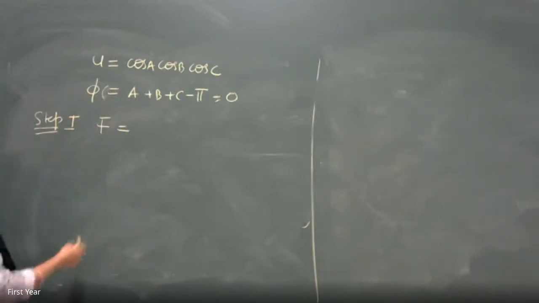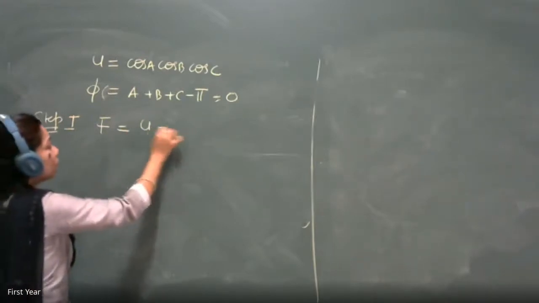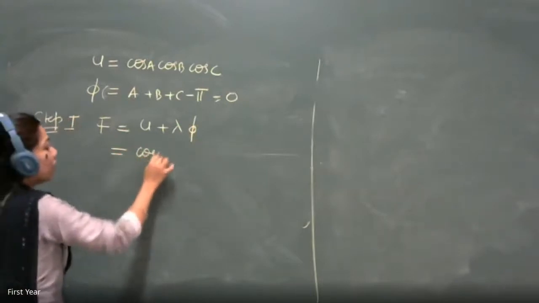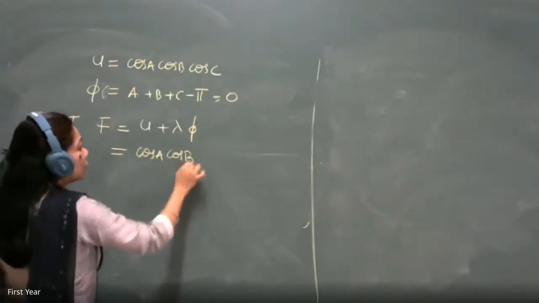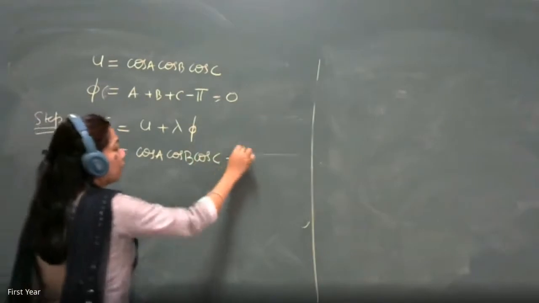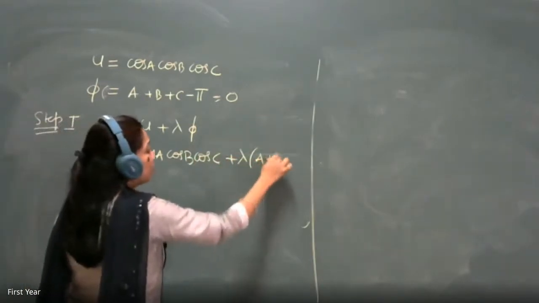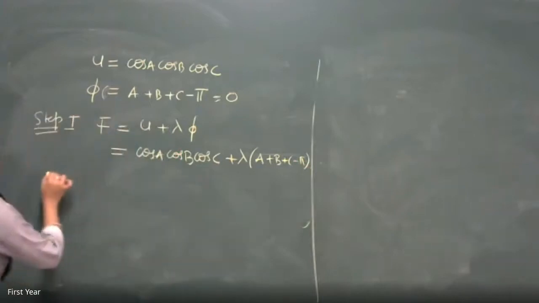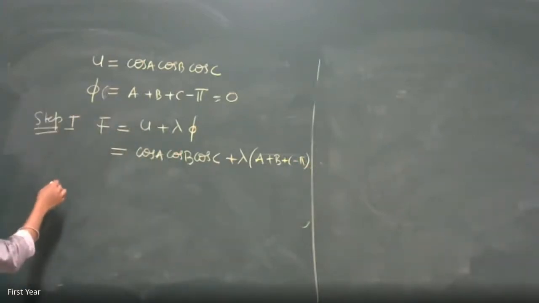But initially, what will be the derivatives that you have to take? U plus lambda phi. This is the function. That is nothing but cos A cos B cos C plus lambda times (A plus B plus C minus pi). This is the function F. One more chance to score marks.